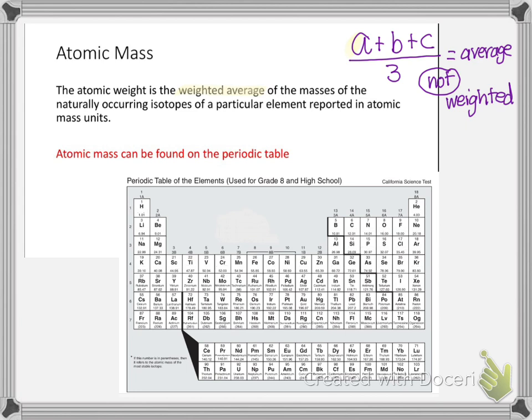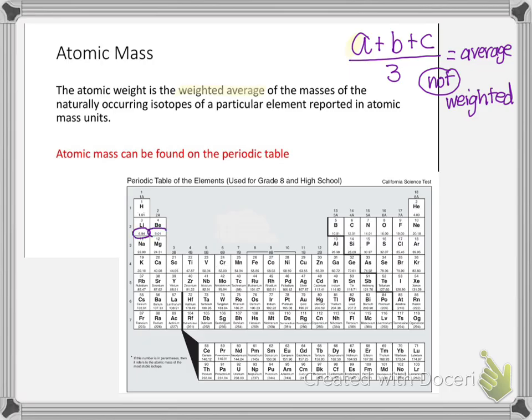So the carbon-12 is going to count more than the carbon-14. And they used actual percentages, not just random ones that I could easily add in my head. So they did this, and then that was the mass that they put on the periodic table.